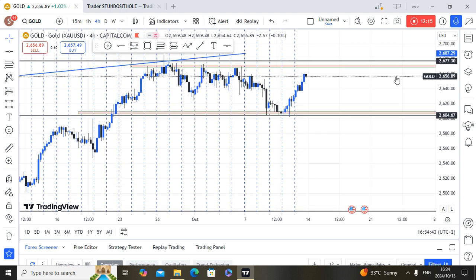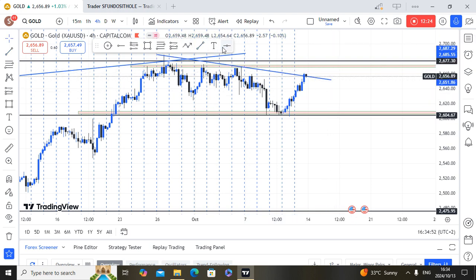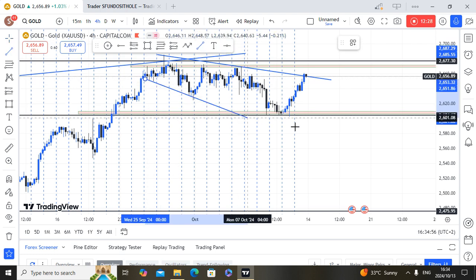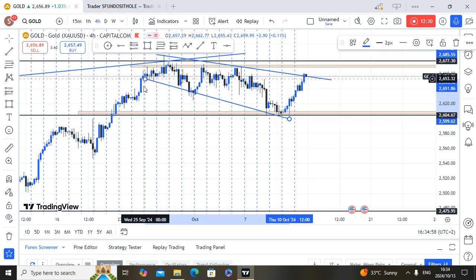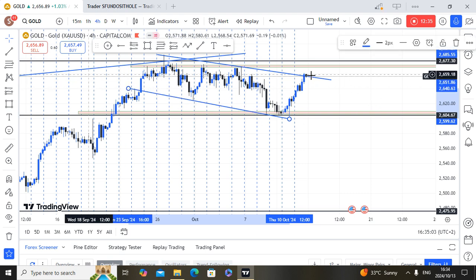The last time I analyzed gold, I was having a downtrend like this, consisting of 2 points. So as you can see, we're having a structure like this, which is trends in trends, and this was a downtrend. Yeah, this is my downtrend.